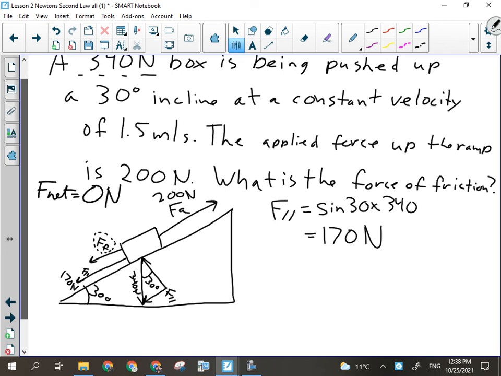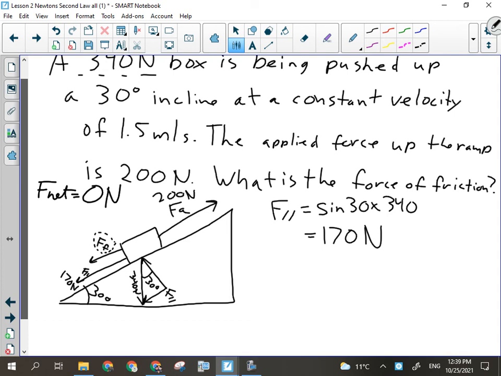So I now know the sum of all forces. That means the forces up the ramp and the forces down the ramp are what? They're equal. That's an important thing to realize in this question. In fact, if you don't realize that, you will never finish this question. It is by far the most important thing you have to realize. Since the net force is 0, all of the forces cancel each other out, the forces up the ramp and the forces down the ramp.